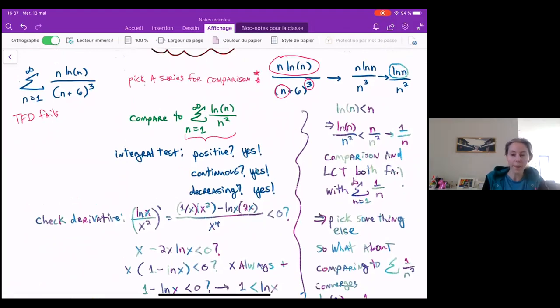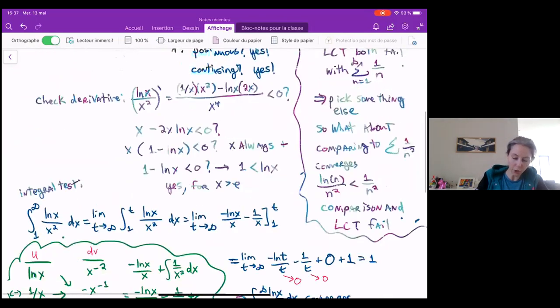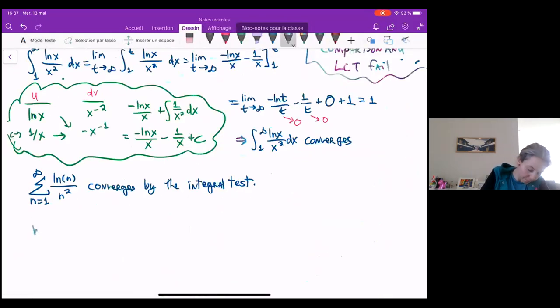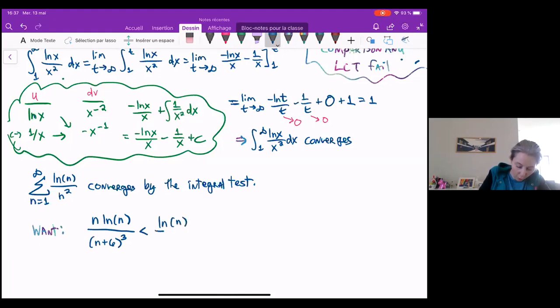So now we want the original thing to be less than it. So what we want here is for n ln n over n plus 6 cubed to be less than ln n over n squared.